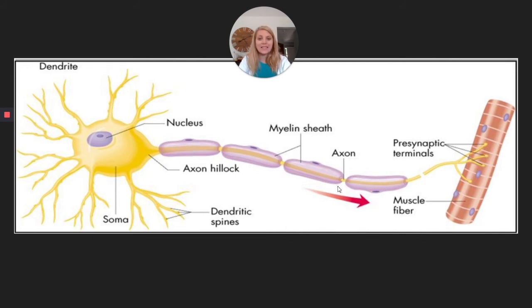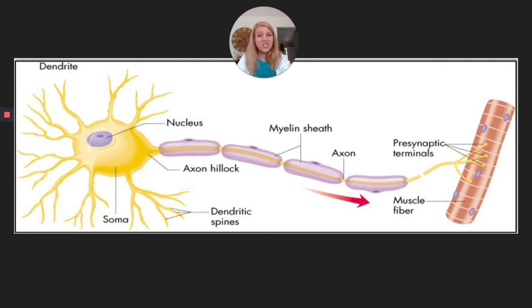Now, my axon, which is sending or speaking my message, is actually going to be encased in, in the diagram, they look like little purple sort of blobs, and these are known as myelin sheath. Myelin sheath is actually a fatty tissue. It is a fatty tissue that serves two specific jobs. One is the obvious job. It's insulating the axon. It's protecting the axon.